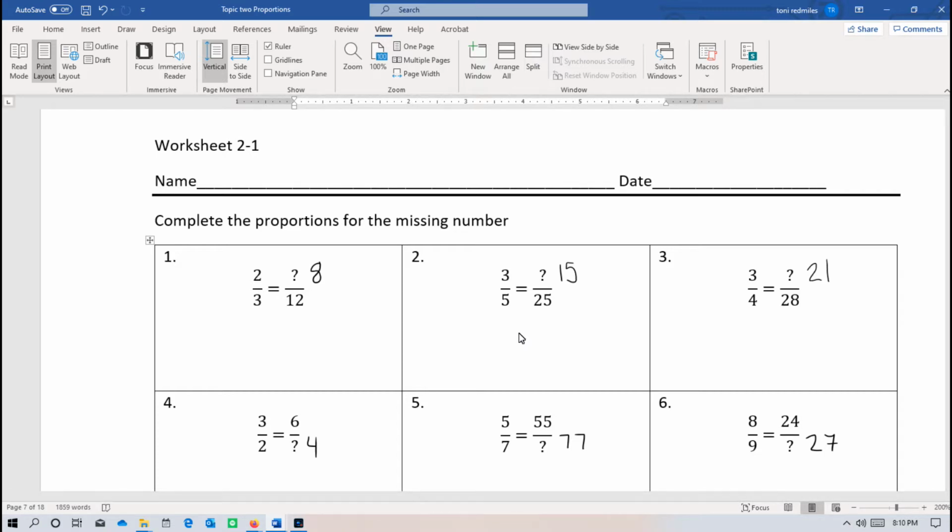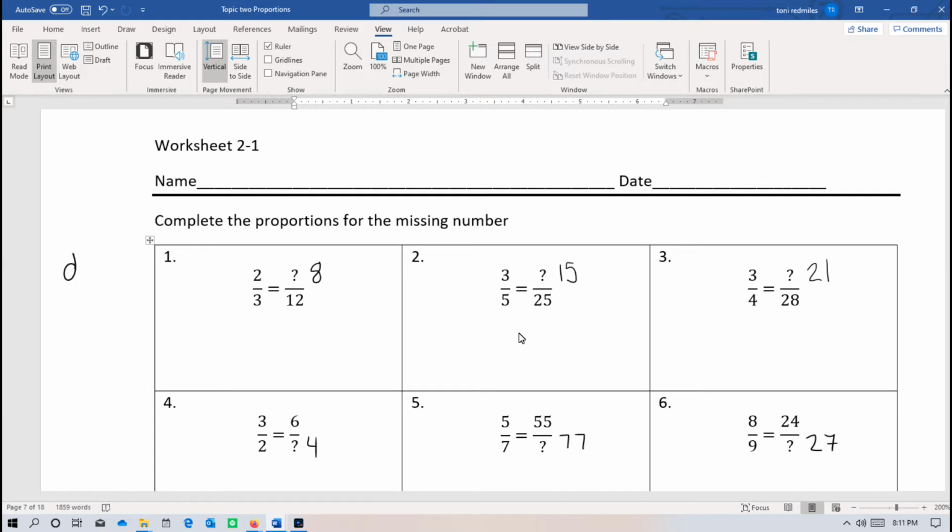The reason I don't teach cross product is because I think that people start getting confused when they do division and they do multiplication of fractions because of this trick. Essentially, cross product is kind of a trick. And so instead I do opposite operations. So you'll see in each one of these problems, 1 through 3, that we have the denominator dividing the numerator.